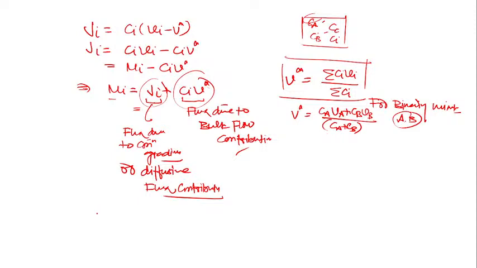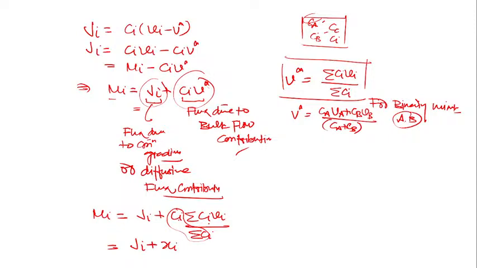Then if you put in this equation, Ni is equal to Ji plus Ci times V star, and V star is the summation of Ci into Vi upon summation of Ci. Yes or no? My dear student? This is Ji plus Ci upon total. What is this called? Mole fraction. The molar concentration Ci upon total molar concentration is called mole fraction, so it's called Xi.